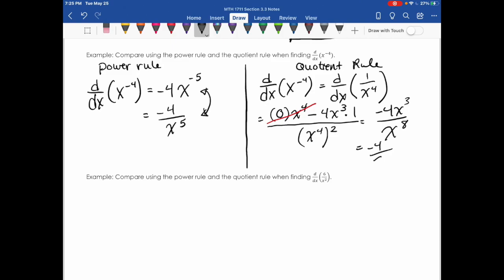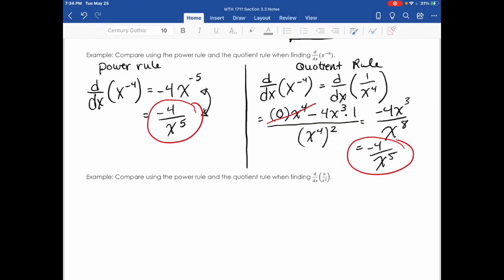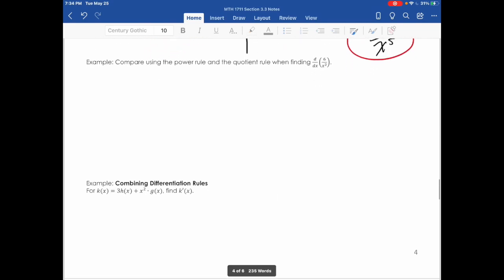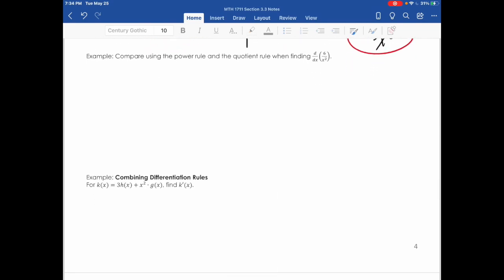Then when I finish simplifying and cross off 3 x's upstairs and 3 x's downstairs, I end up with negative 4 over x to the 5th. So this just goes to show that there's more than one way sometimes to take a derivative. If you have a preference and you see that the expression can be manipulated in a way that you can use your preference, then go for it.